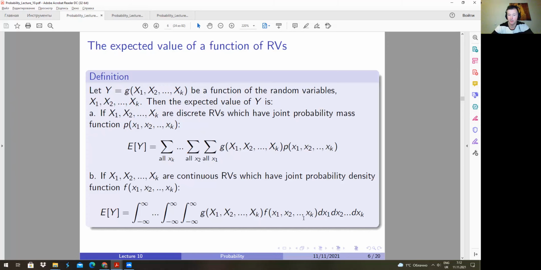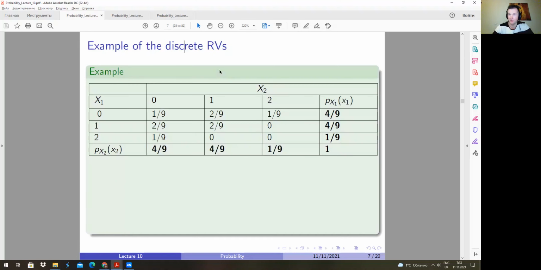And don't forget to put dx's to complete the integral. So it might look ugly. So let's see an example of how it works in practice in the case of two variables.